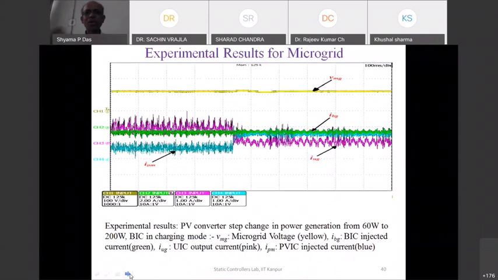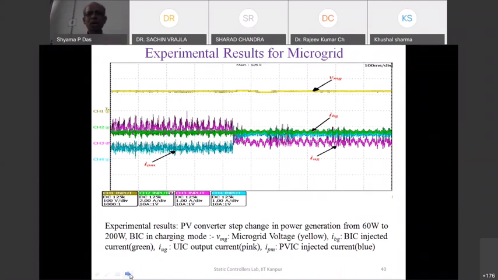So we have experimentally also implemented this. So this yellow one is basically the microgrid voltage, which is 120 volt, and then the green one is corresponding to the battery, and then the utility grid is represented by this pink colored one, and the other one is the photovoltaic current, which is IPM.